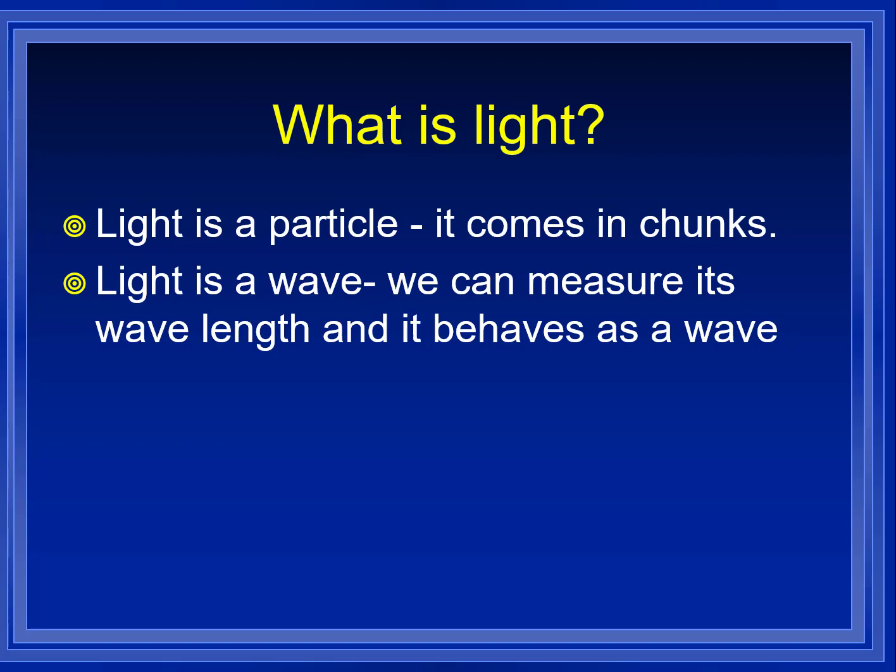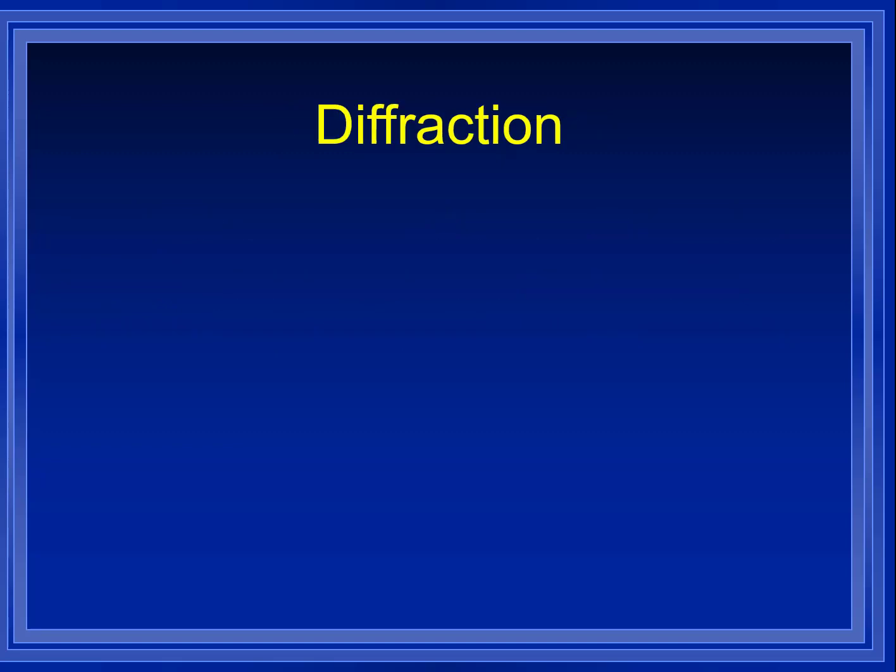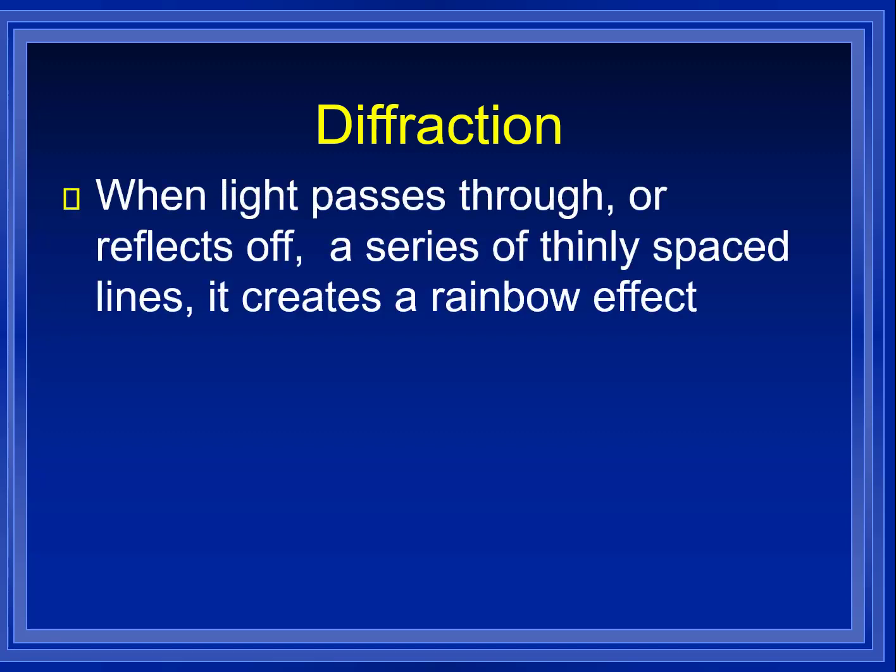Okay? So the piece of plastic you were looking for is called a diffraction grating. Grating just means that it's got lines scratched into it, like a grate you put stuff on the grill. It works out to about 12,000 lines per centimeter. So when light passes through or reflects off a series of thinly spaced lines, it creates that rainbow effect.